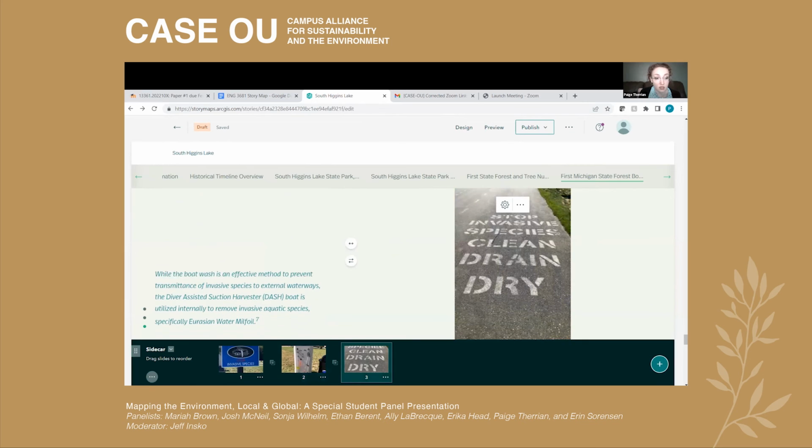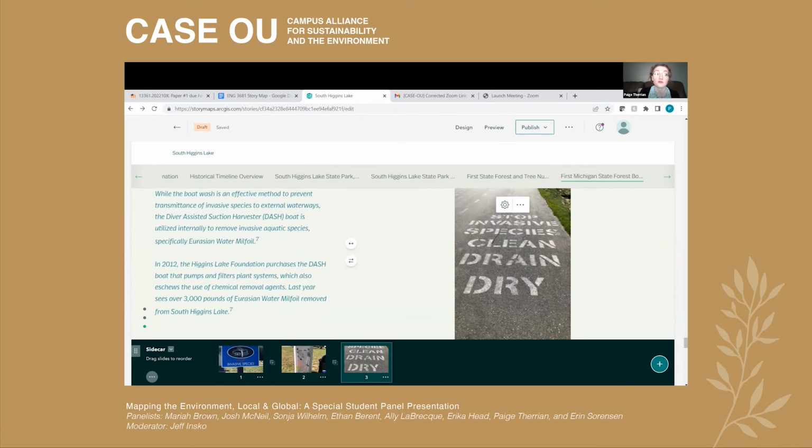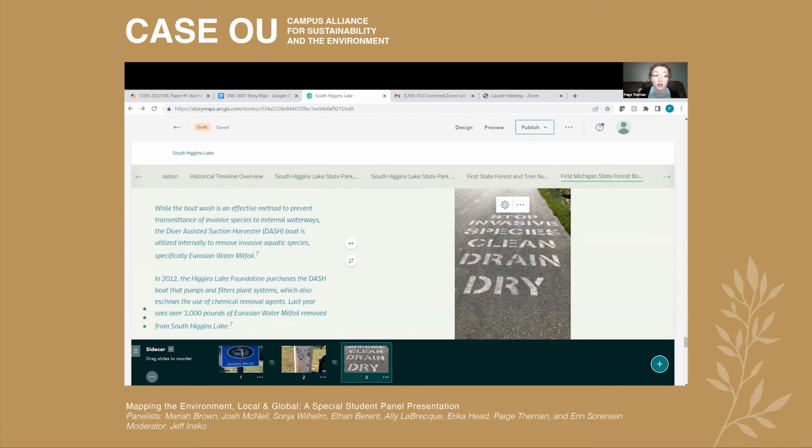So while the boat wash is an effective method to prevent transmittance of invasive species to external waterways, the diver-assisted suction harvester, or DASH boat, is a method utilized internally to remove invasive aquatic species, specifically Eurasian milfoil. And I tried to add a link here, but it just wasn't having it. So I'll try to do that in the next few weeks.